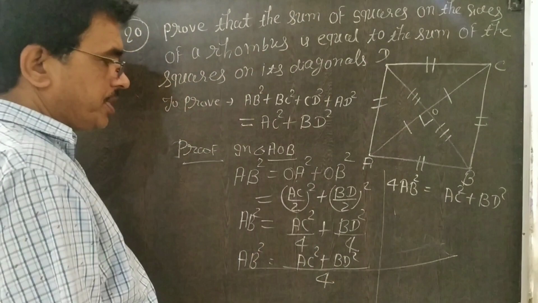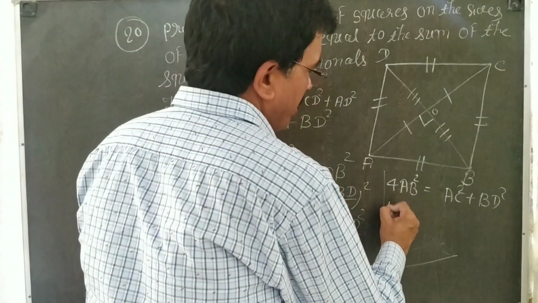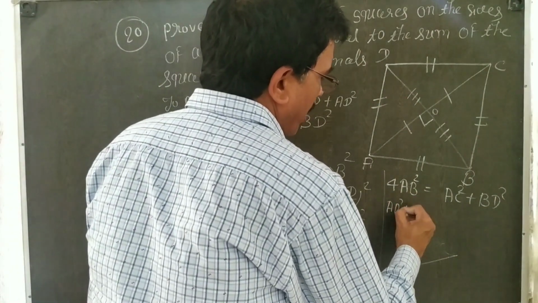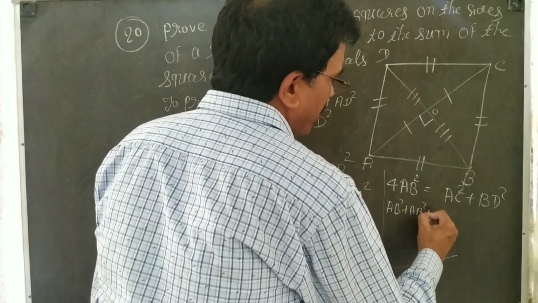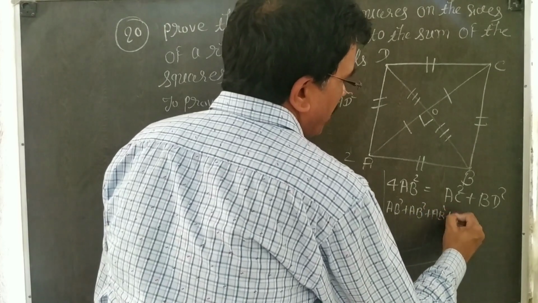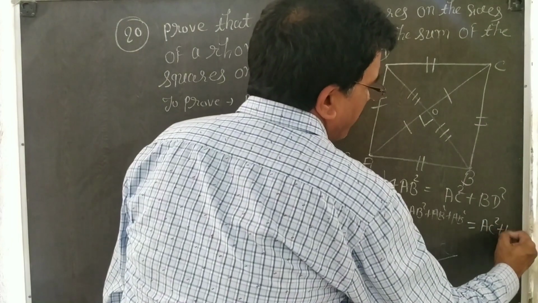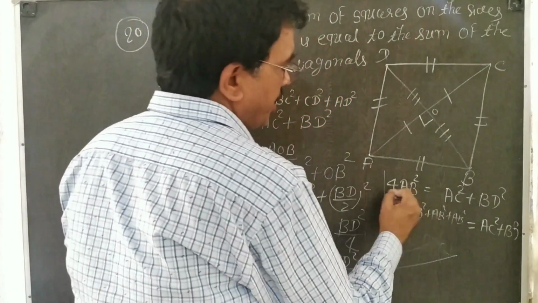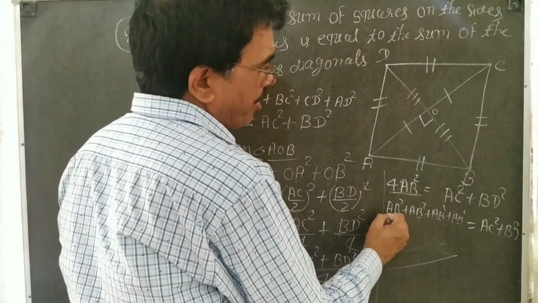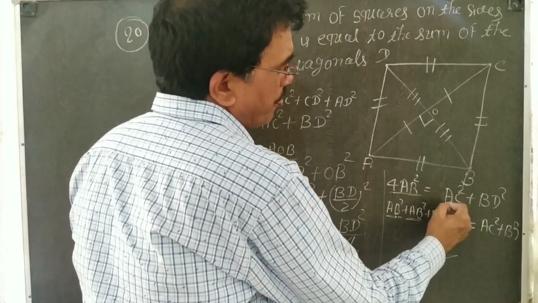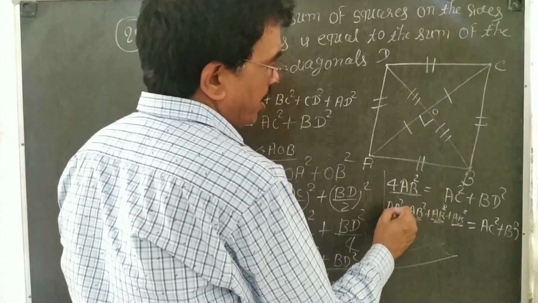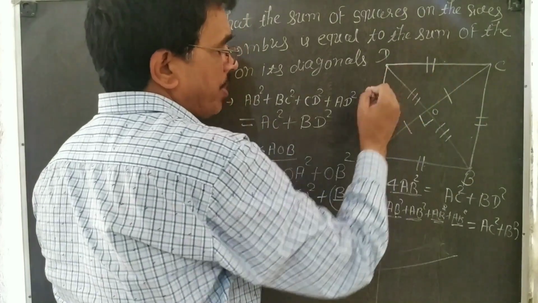This 4AB square you can write as AB square plus AB square plus AB square plus AB square is equal to AC square plus BD square. Now all the sides have equal length.